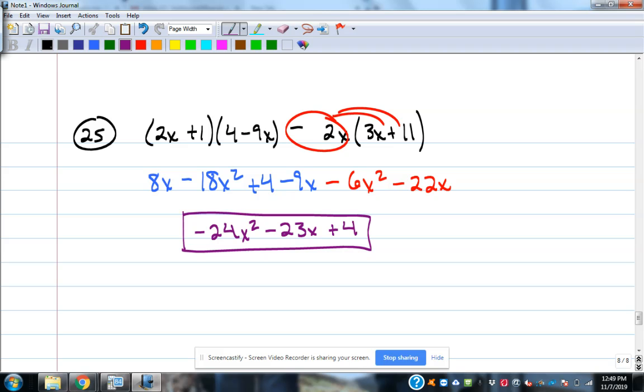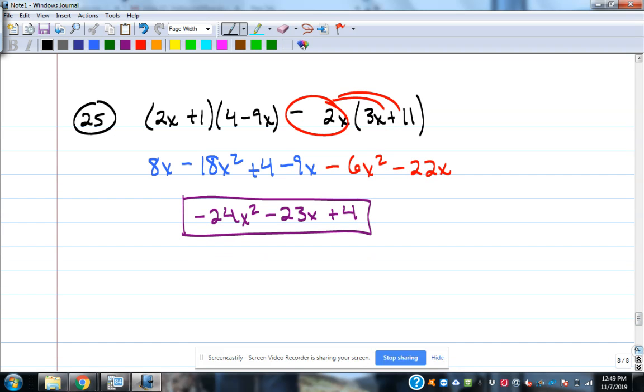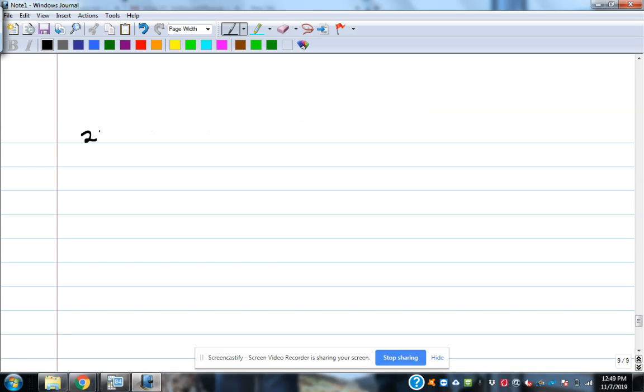Let's do some division real quick. 9m to the third minus 24m squared divided by a monomial 3m. Okay, so this is similar to when we did the quadratic formula stuff, and you had like 10 plus or minus the square root of 17 over 3, or something like that, and you could split it up into two different fractions.